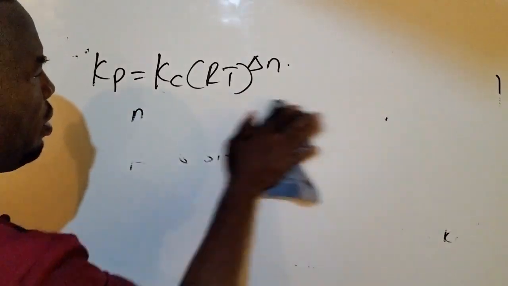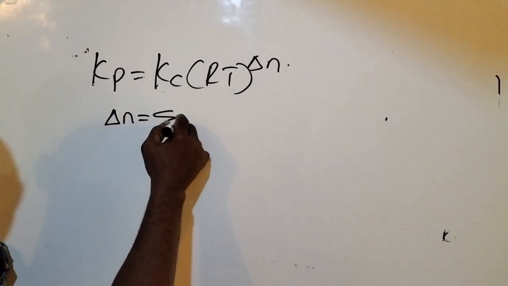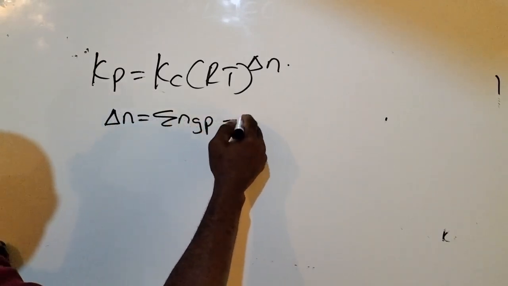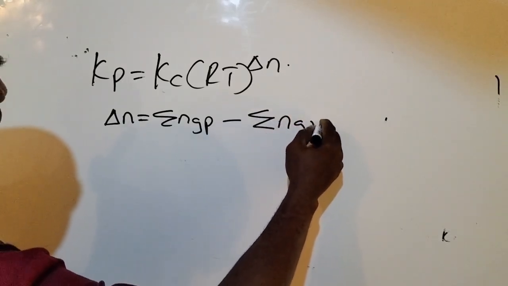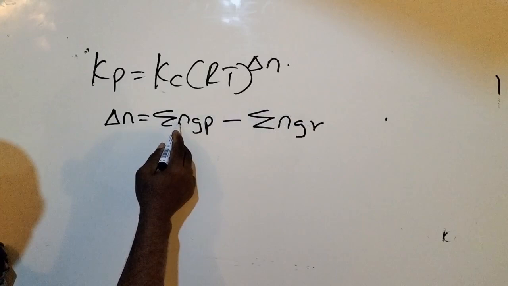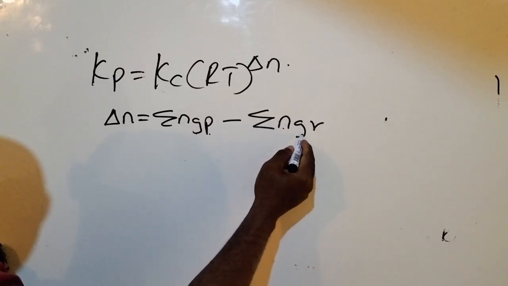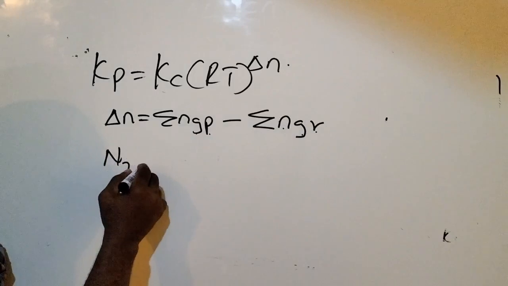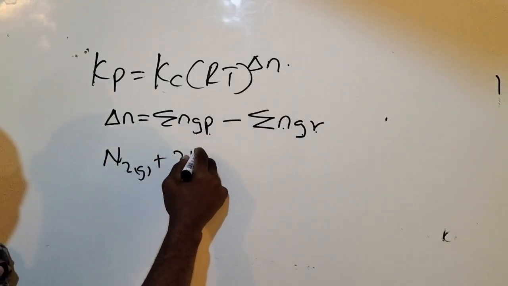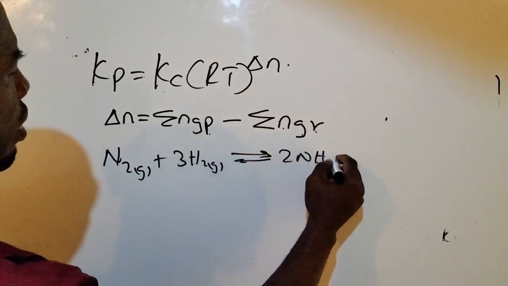Delta N is given by the summation of the number of moles of gaseous product minus the summation of the number of moles of gaseous reactant. For instance, let's say we have this reaction, nitrogen plus hydrogen giving us ammonia.